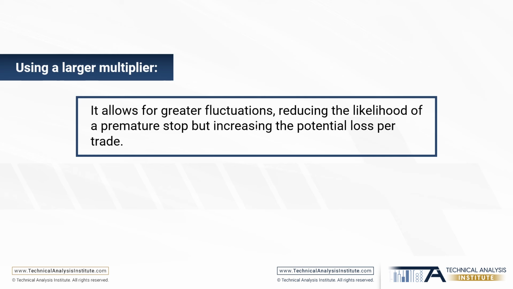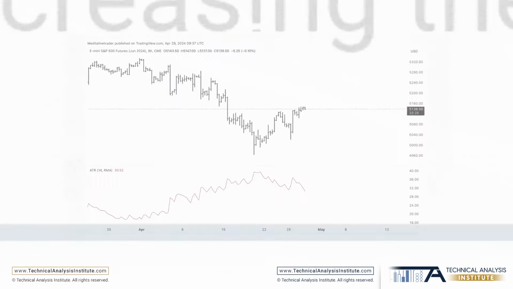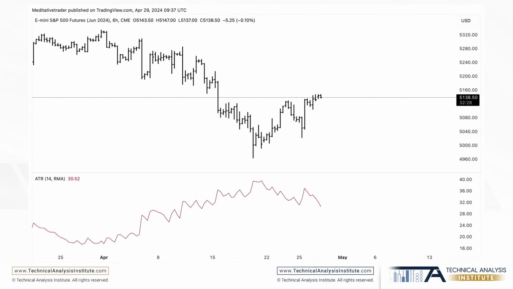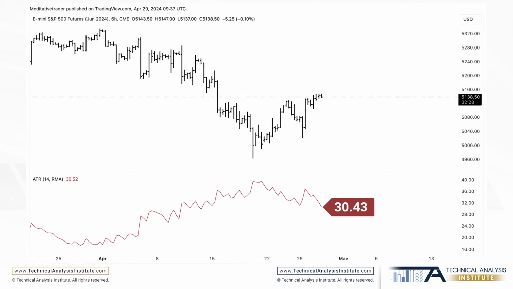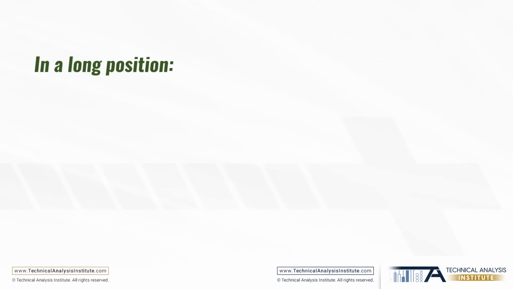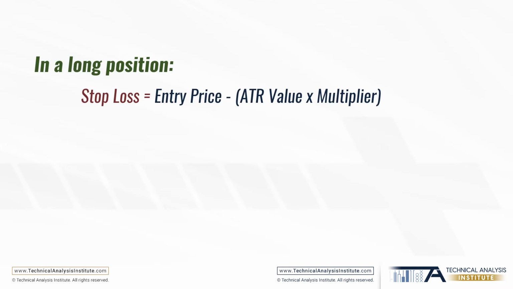Now, let's calculate this quickly. This is a chart of the S&P Mini trading at 5138.50. The ATR reading is at 30.43. If you're taking a long position and the market entry price is 5138.50 with an ATR of 30.43, using a 2 times multiplier, you can calculate the stop loss as follows. Stop loss equals entry price minus ATR value times multiplier.